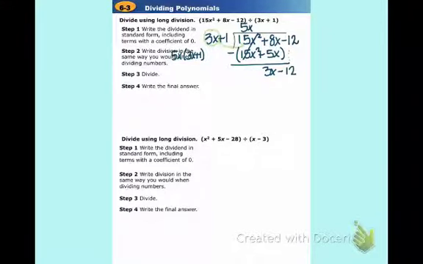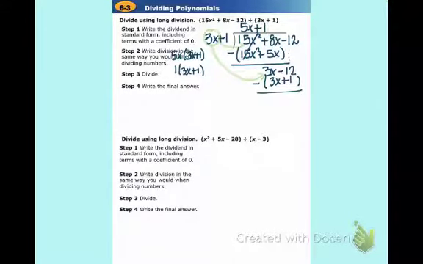So then again I look to see how many times 3x will go into 3x here, and it will go in positive 1 times. So then I take 1 and multiply it by the 3x plus 1, and I'm going to subtract that from 3x minus 12. When I distribute 1 to 3x plus 1, I just get 3x plus 1.